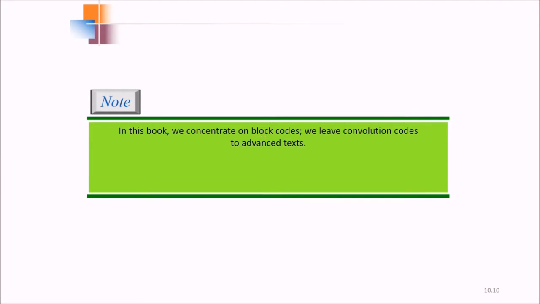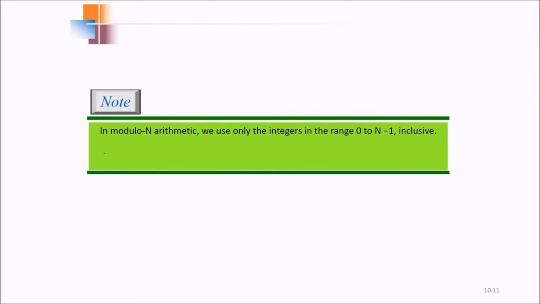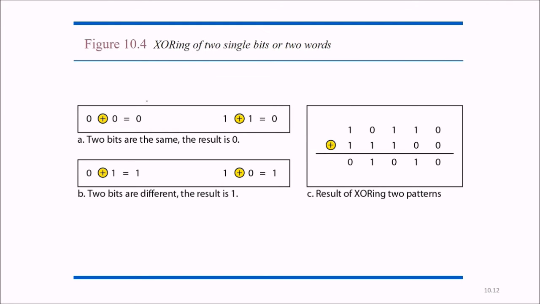So we concentrate on block codes. We leave convolution codes to certain advanced texts. We'll see the block codes. In modulo-n arithmetic, we use only the integers in the range 0 to n minus 1. 0 and n minus 1 are inclusive. This is modulo-n arithmetic. We'll understand it more. What it means: XORing of two single bits or two words.